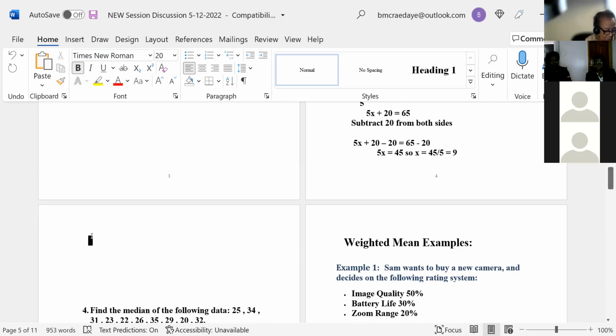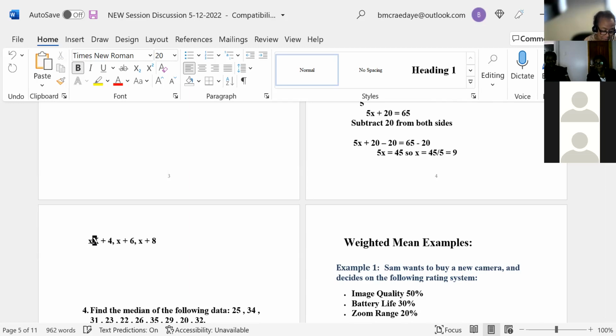The last three observations are x plus 4, x plus 6, and x plus 8. A small x to be consistent.